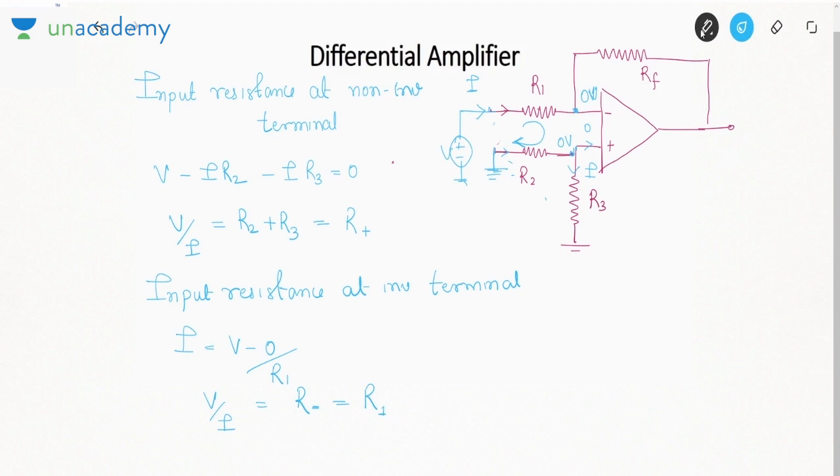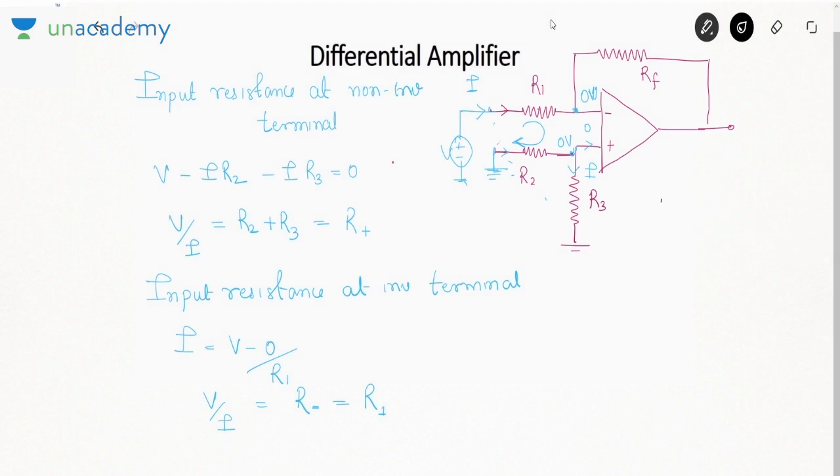So we can find three resistances, either the resistance at the inverting terminal, the resistance at the non-inverting terminal, or we can also find the differential input resistance. Okay. So these three resistance I can find. So what questions can be asked in differential amplifier if I list down?